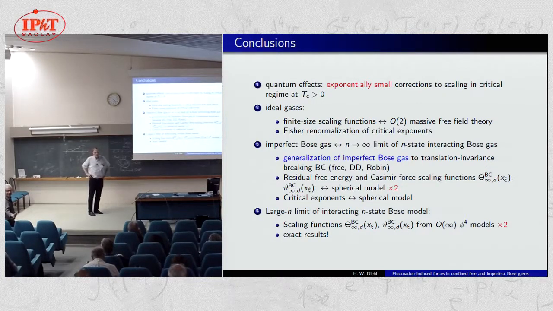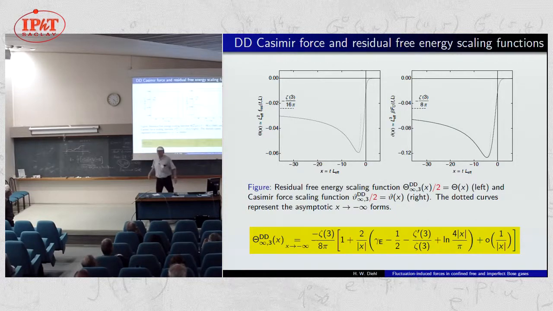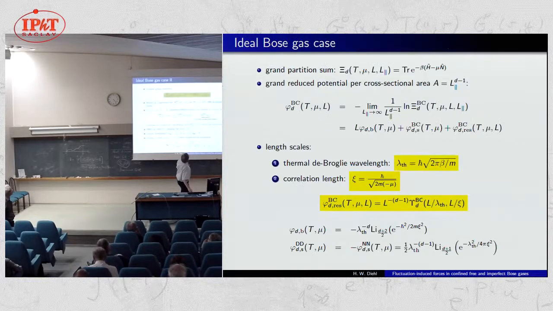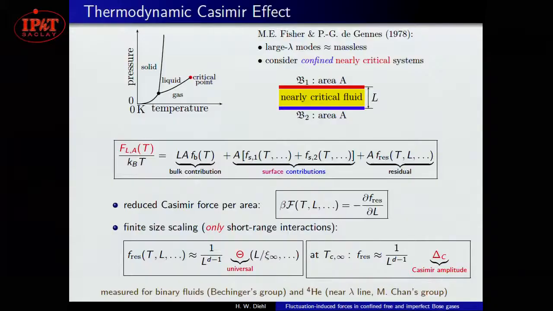Other questions? Sure. The Robin boundary condition is essentially an absorption on the plates, right? I'm not sure I understand. What do you mean with absorption? Are you talking about the classical case? Well, in the classical case, this is in the boundary conditions.